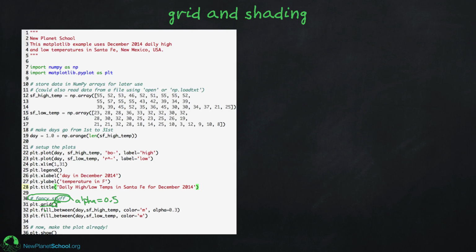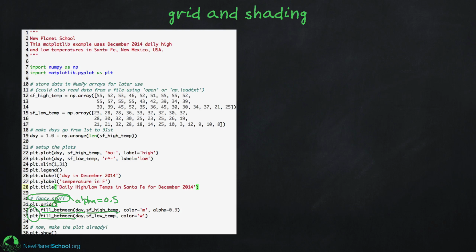Next, I use two commands also from Matplotlib, and those are called fill between. And notice what fill between does. It goes from day, that tells me the range on the x-axis I want to fill. I'll get to this later because I'll show an example where that's not so obvious, for the calculus example.